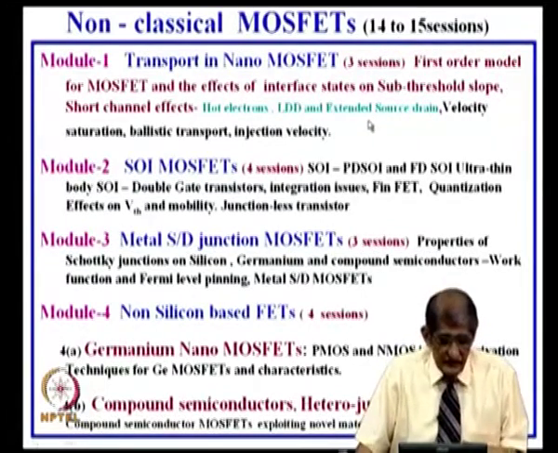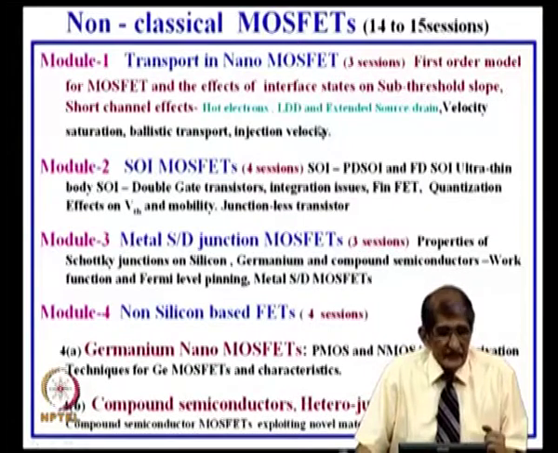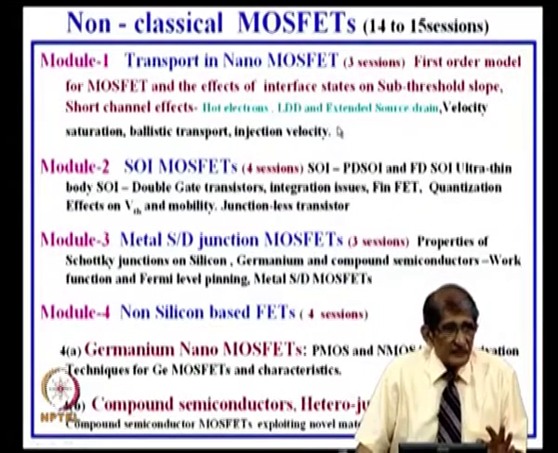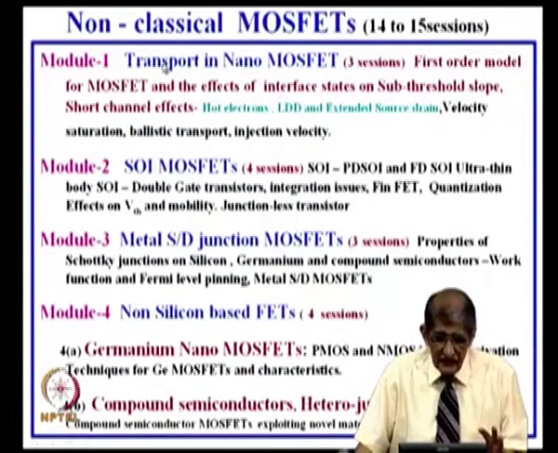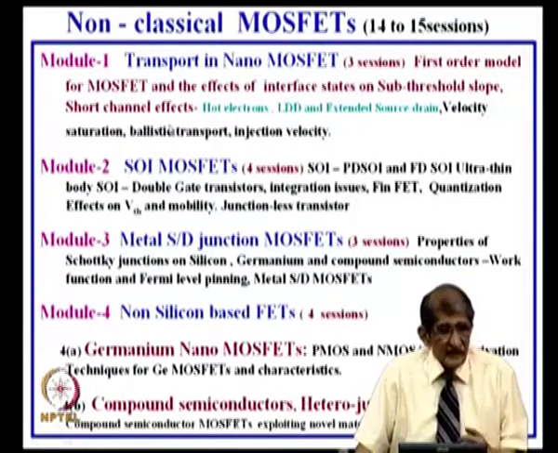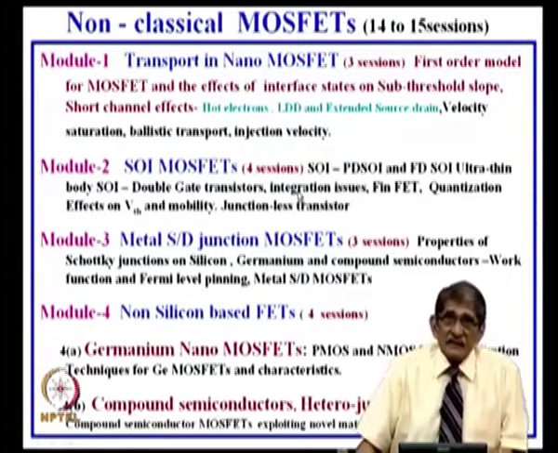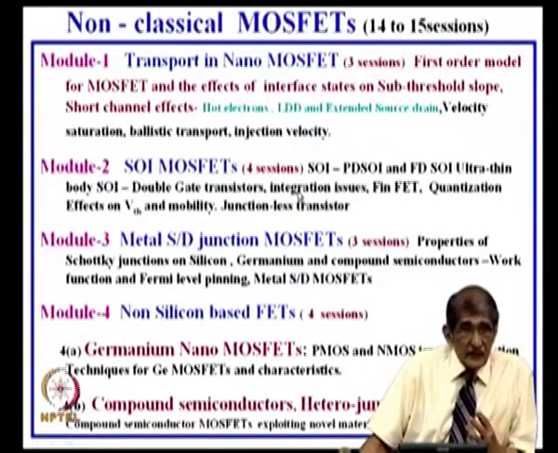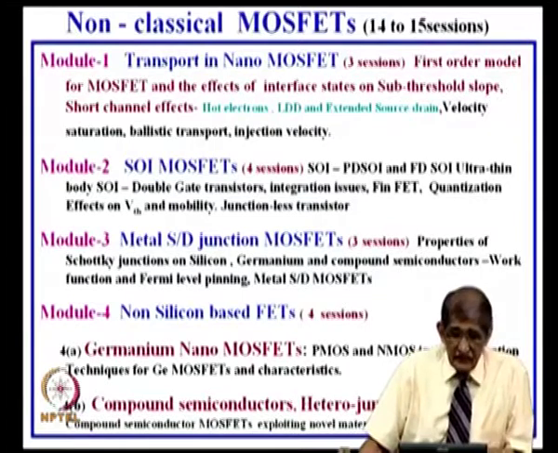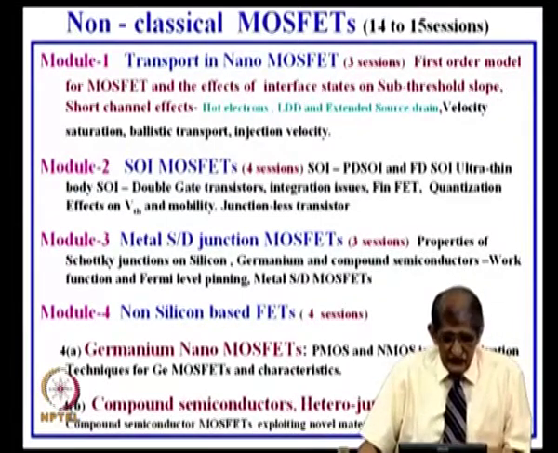Velocity saturation, ballistic transport, injection velocity, these are the things which one has to see, particularly because you will see that ultimately the performance of the classical MOSFETs is decided by the injection velocity rather than any other parameters. And the injection velocity is controlled by the low field mobility of electrons or holes.